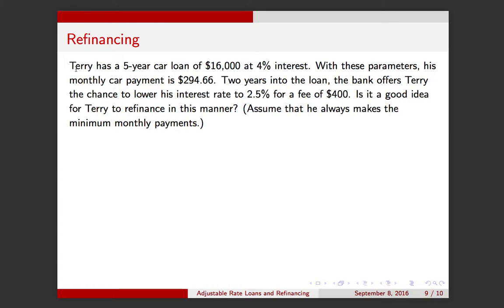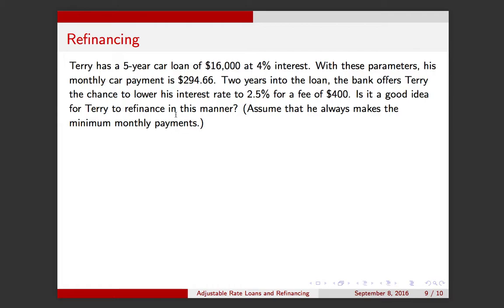So in your own life, if you are analyzing consequences of loans that you're going to take out, refinancing options, things like this, you should be using a loan calculator online rather than trying to do things by hand. That is why here we are using a loan calculator online. So in my own experience, I have been offered numerous refi options on my home mortgage.